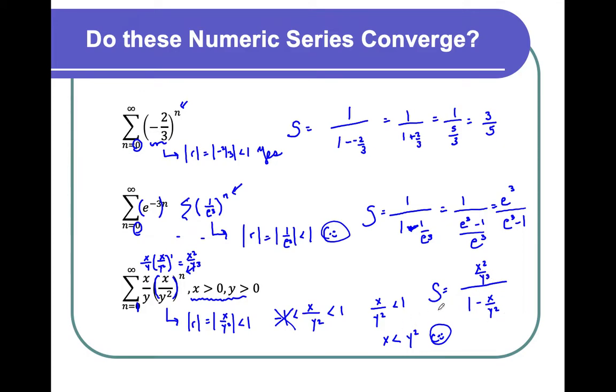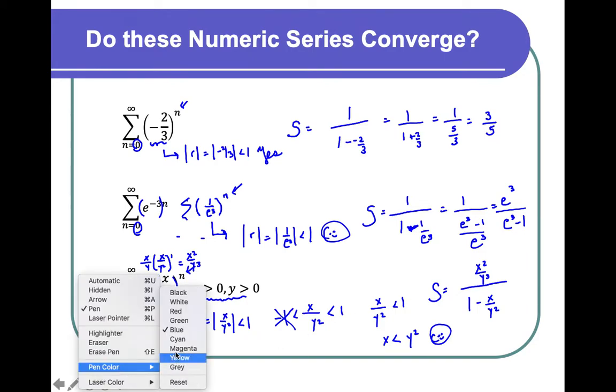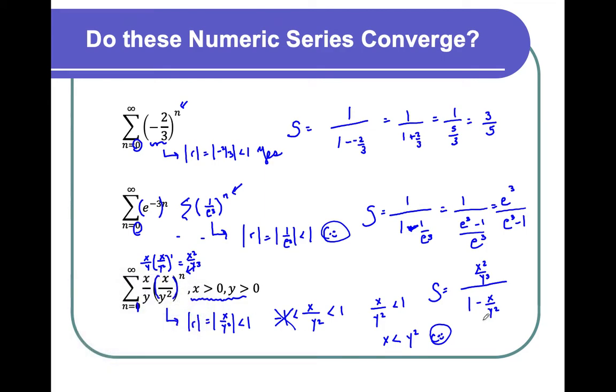And now I can clean this up because my denominator is actually, change color so it's obvious where I'm going here. I'm going to take this denominator and clean it up. So that's y squared minus x all over y squared, and this is x squared over y cubed.